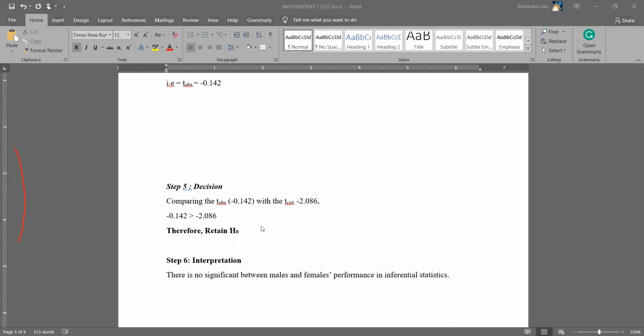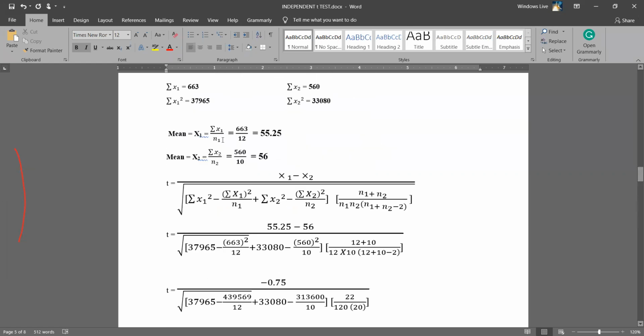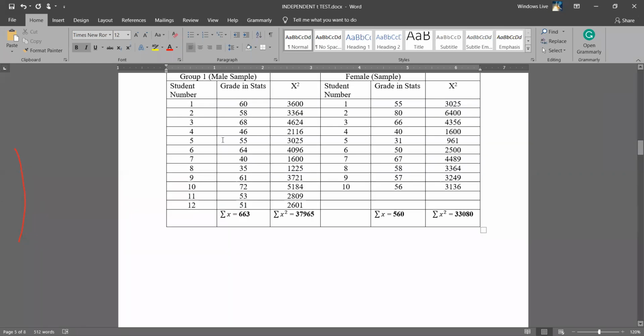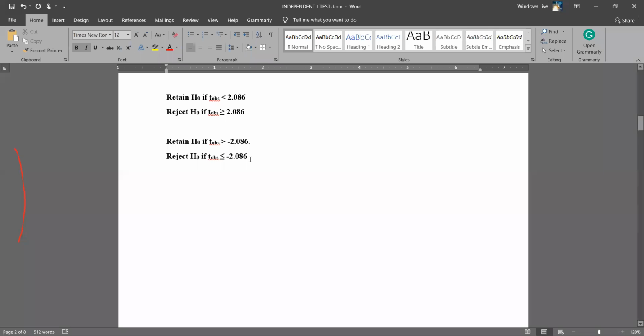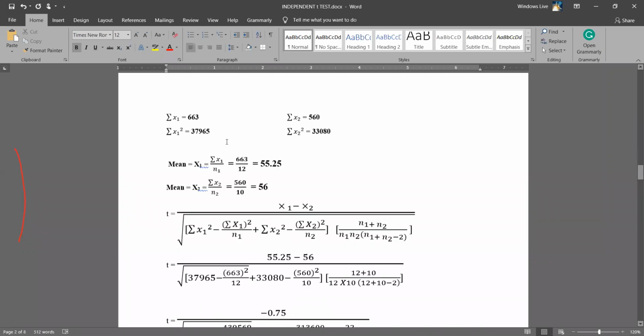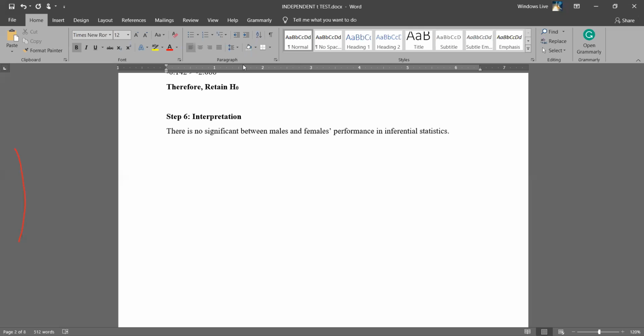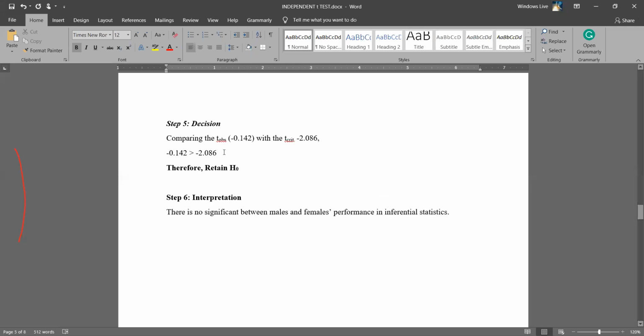So that'll be all when it comes to decision. The reason I said it is really essential that you get how to state the decision rule, especially the signs, is that if you get it wrong, whatever decision you make will be wrong, and your interpretation would also be wrong.